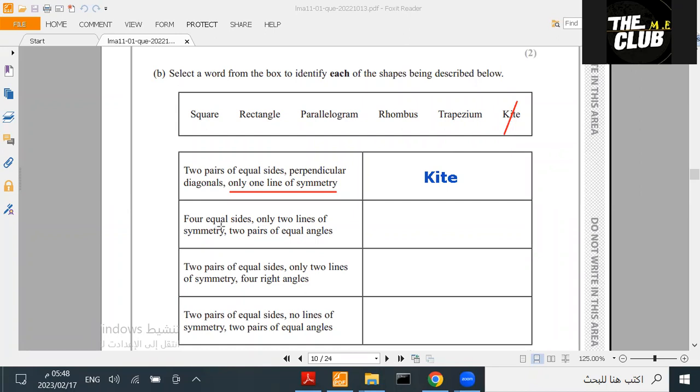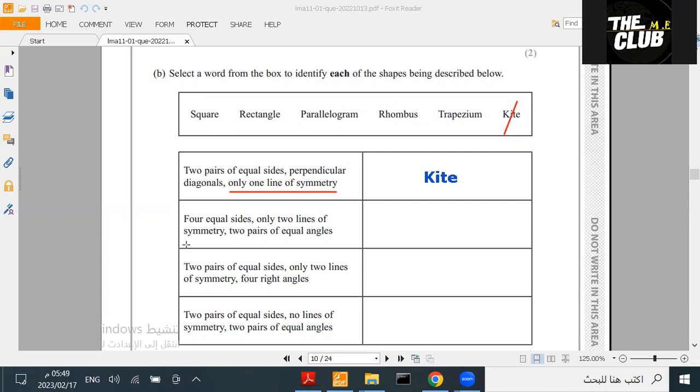Here, 4 equal sides means it's not a rectangle, not a trapezium, and not a parallelogram. It's either a rhombus or a square. Let's continue. Only 2 lines of symmetry. Square has 4 lines of symmetry, but rhombus has only 2 lines of symmetry, so the answer is rhombus.